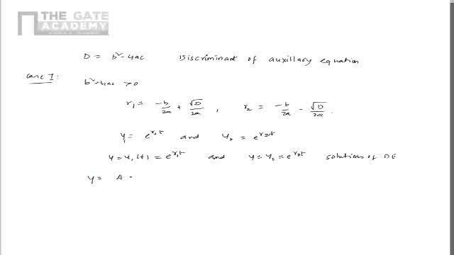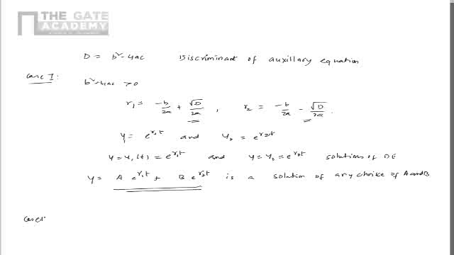So combining y1 and y2 in this way, I can say that a e power r1t plus b e power r2t is also a solution, a general solution for any choice of a and b. So this is the general solution where r1 and r2 are given by these roots for this differential equation.